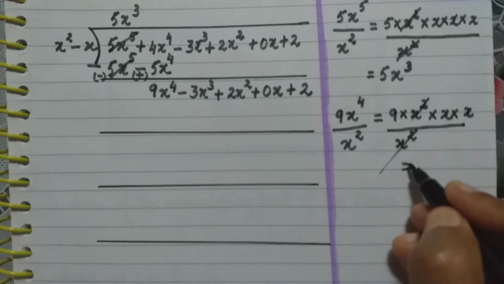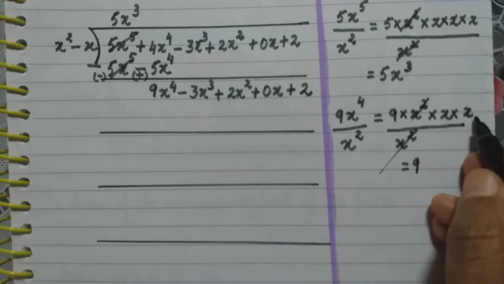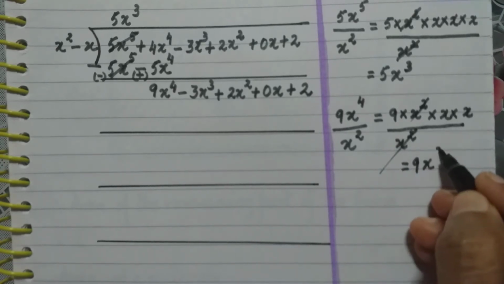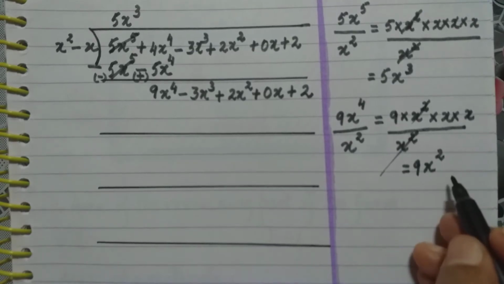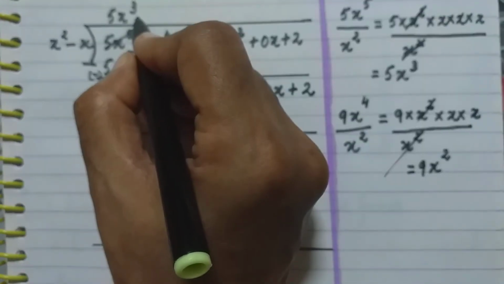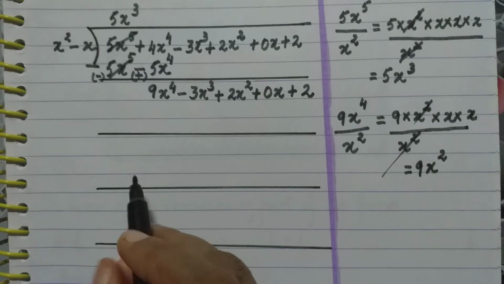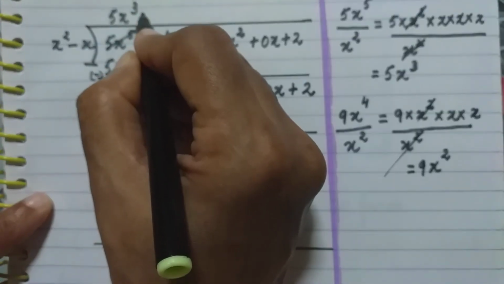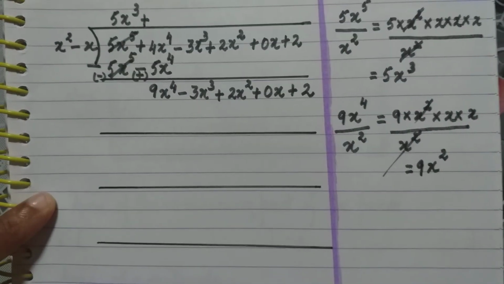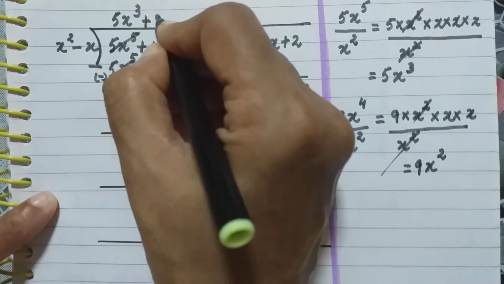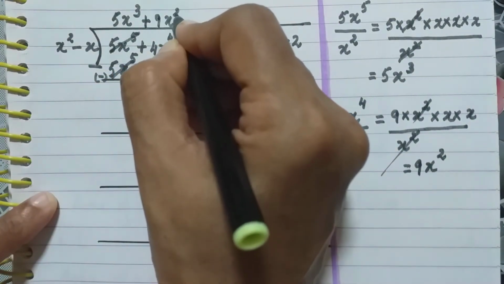What will be the answer? 9. X into x is x square. So this 9x square, now we write it in the quotient: 5x cube plus 9x square.